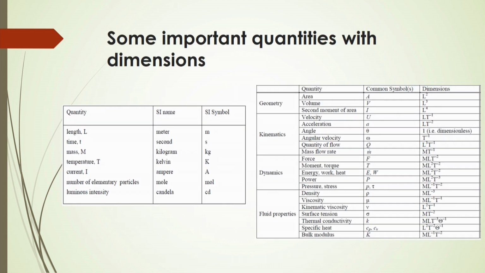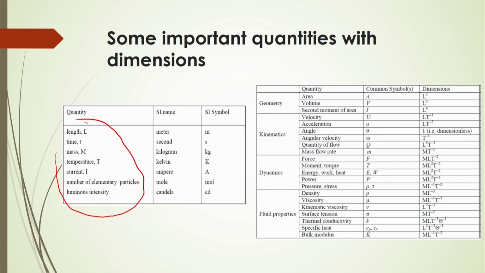Now, some important quantities with dimensions are shown here in the slides in a table. Here you will see the quantities: length, time, mass, temperature, current, number of elementary particles, even luminous intensity. What should be the unit for those?